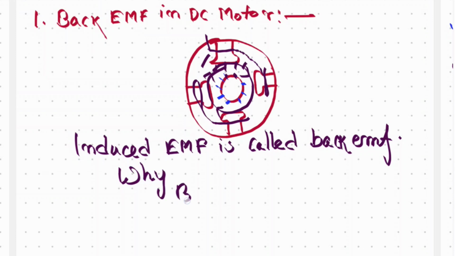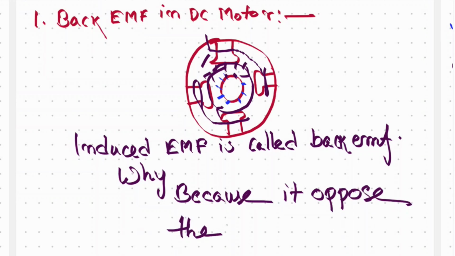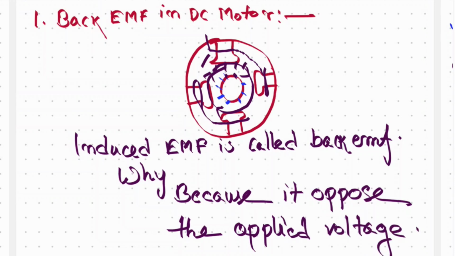Because it opposes the applied voltage. So we can say that when a DC motor rotates, its armature conductor cuts the magnetic flux of the field poles, and according to Faraday's laws, an EMF is induced in the armature. This EMF is called back EMF because it opposes the applied voltage.